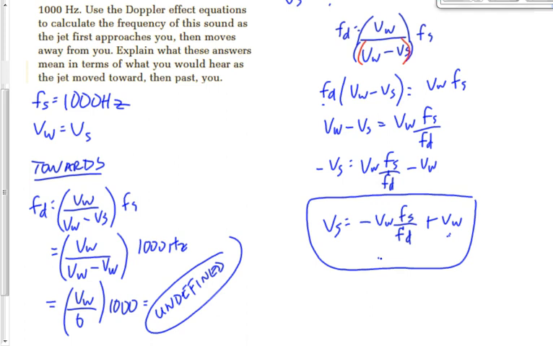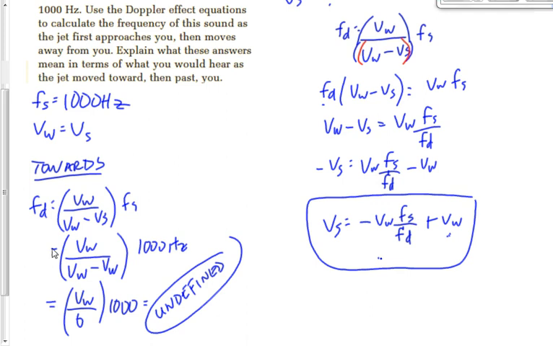This is undefined, which means there is no sound. You don't hear a pitch of 0. There is physically no sound. So as it's coming towards you, you don't hear anything. Now, when it goes past you, you do, but as it's approaching you, because the sound is not outrunning the source, you're not going to hear anything.